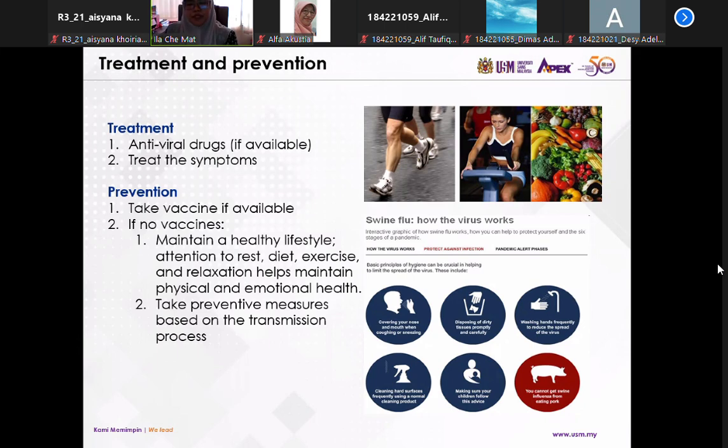Okay. But for the swine flu, it's put here in the red circle, you cannot get the swine influenza from eating pork. This one is only valid if you cook the pork properly. Okay, so make sure you cook them properly. If you eat them halfway or half cooked or maybe raw, I don't think it's safe.